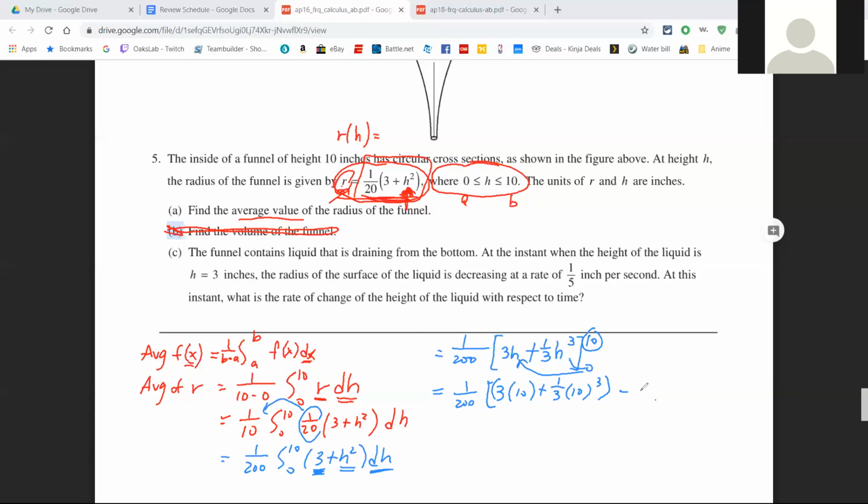So I'm just going to go ahead and put 0. And once again, you can stop right here because this is something you can plug into any calculator and get an answer to, right? That will give you a numerical answer. You can stop right there and we are done with that.